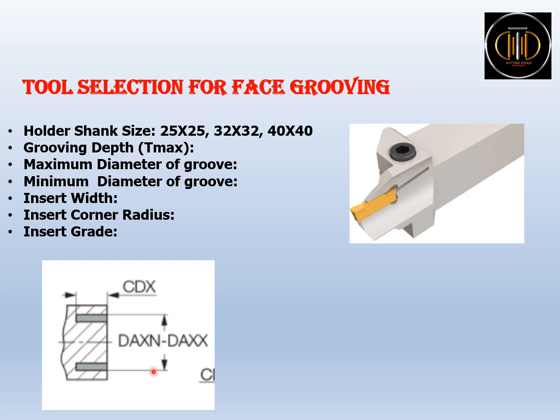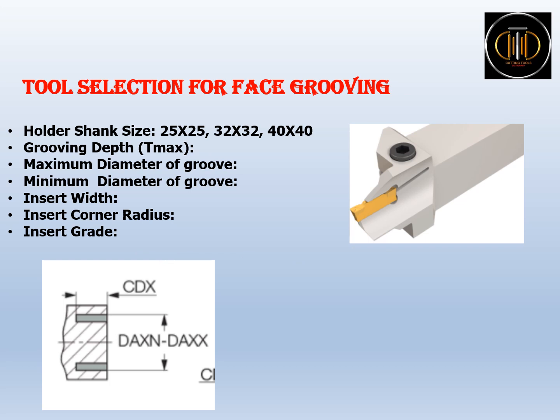These two diameters are very important. Apart from that, CDX is the T-max, the groove depth. In fact, these three dimensions, T-max, maximum diameter and minimum diameter of the groove, are very important.